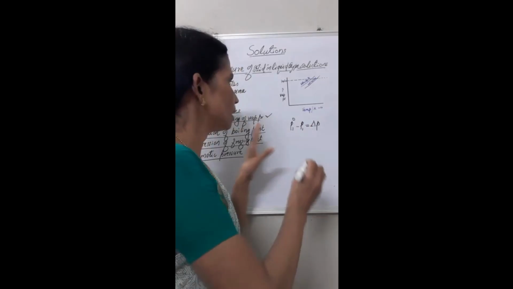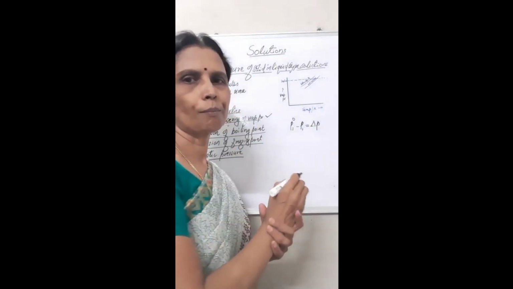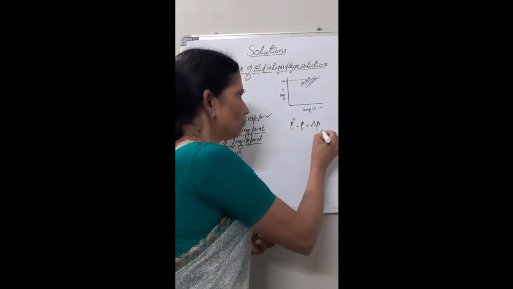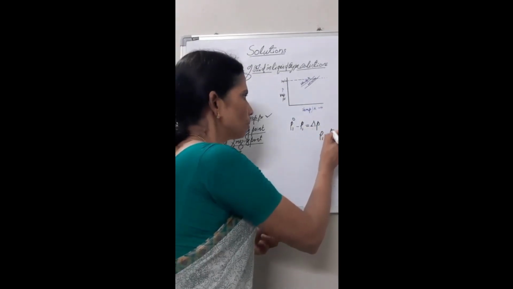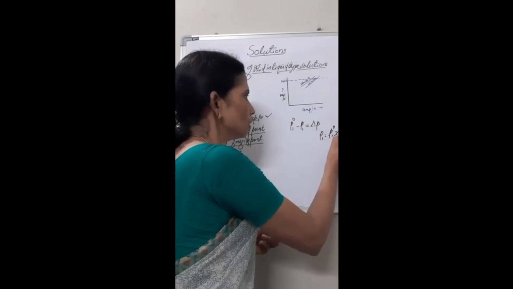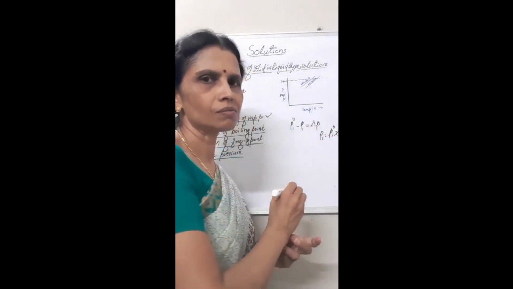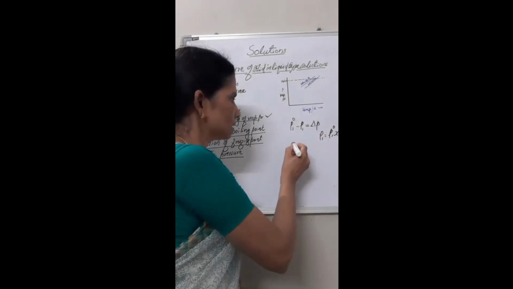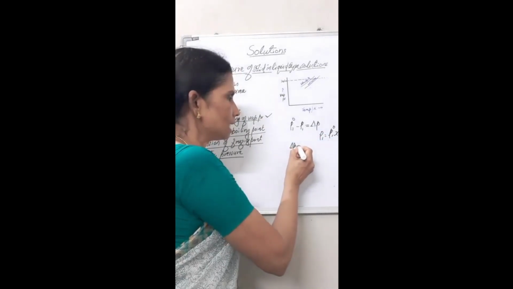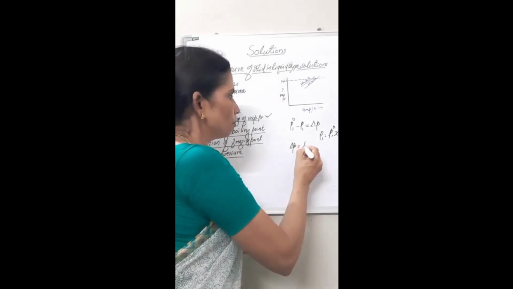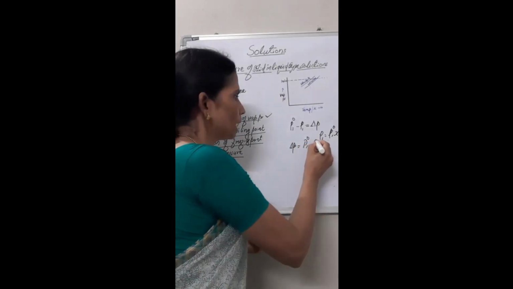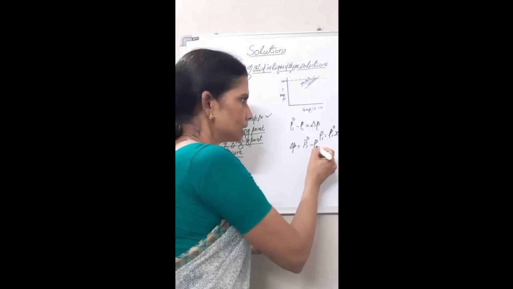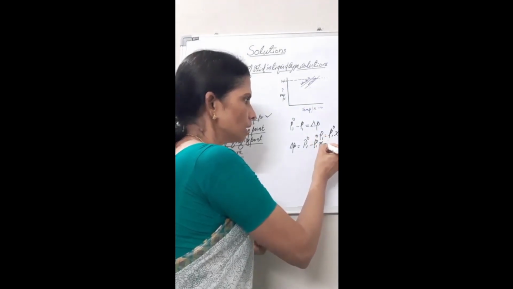Now, since the solution obeys Raoult's law, P1 is equal to P1° into the mole fraction of the solvent, X1. Substituting this, we can rearrange and write ΔP is equal to P1° minus P1, but P1 is P1° into X1.